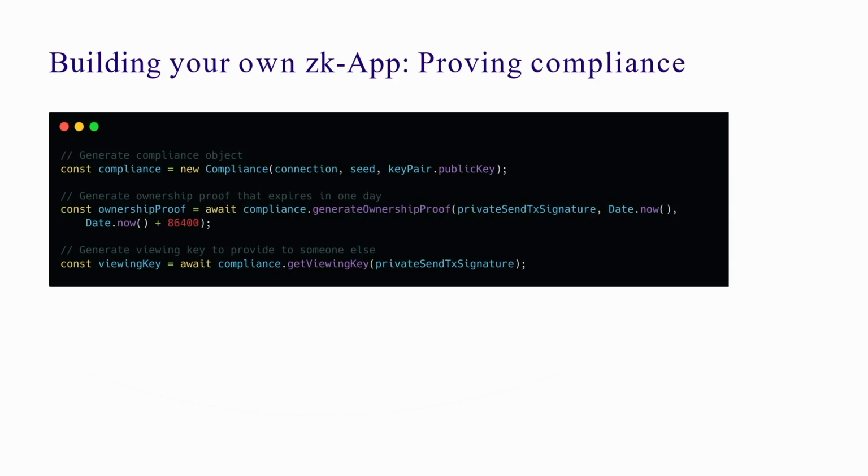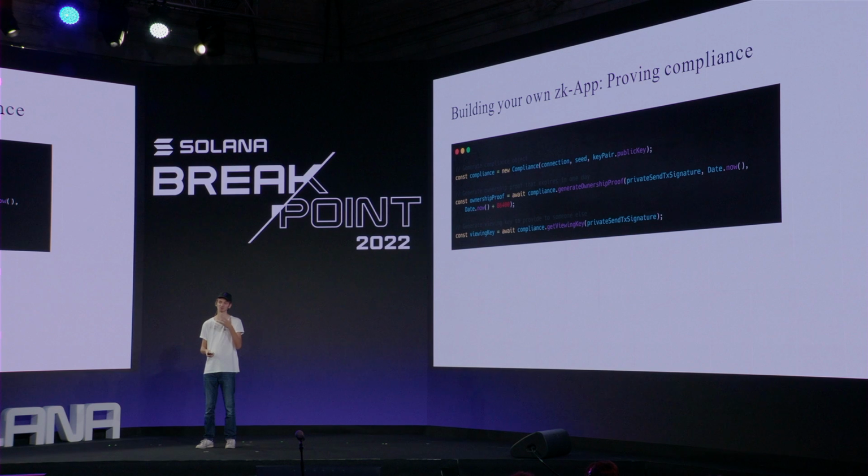Under the hood, all you're doing is generating the proof again that you own the secret values that created the commitments that were used for that specific send transaction. The interesting thing to notice here is you're just proving ownership of a specific transaction, but you're not leaking any information about your private balance or, more importantly, of the public key that we used to create this private balance.